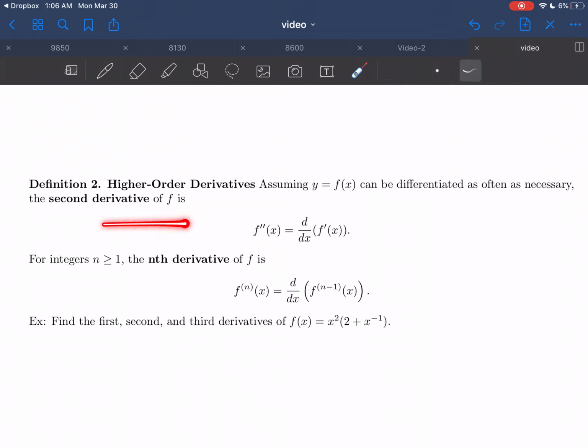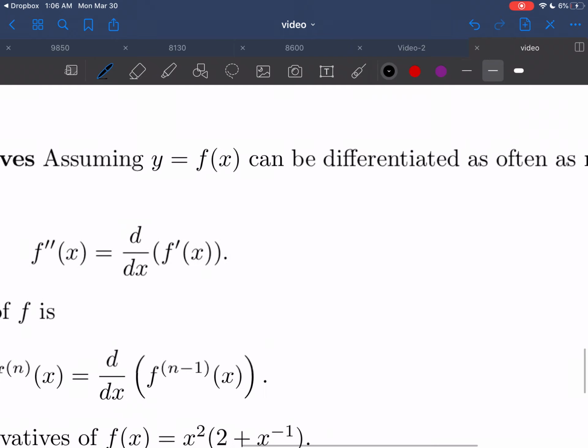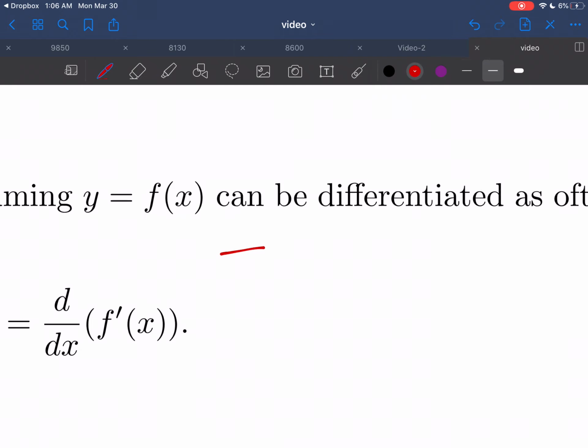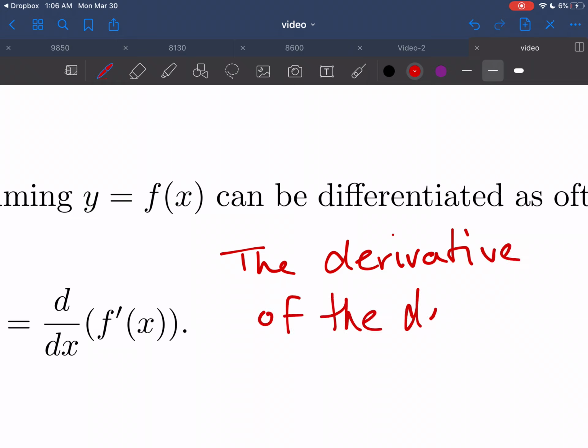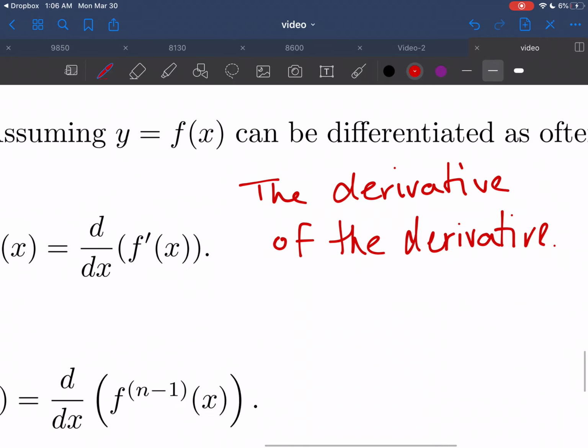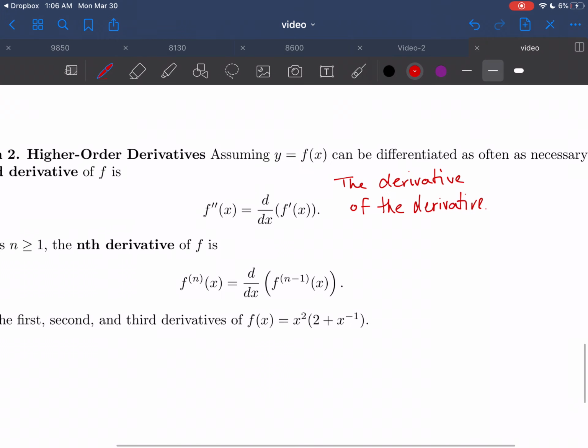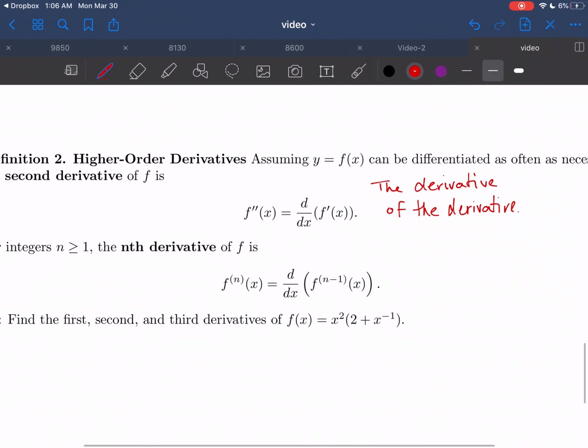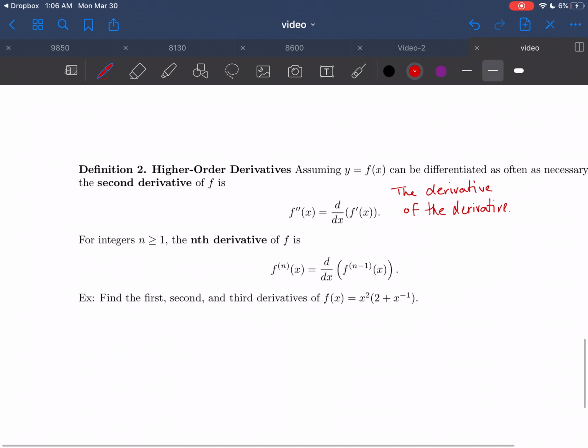The second derivative is just the derivative of the derivative. That gives us the second derivative. We've taken the derivative two times.